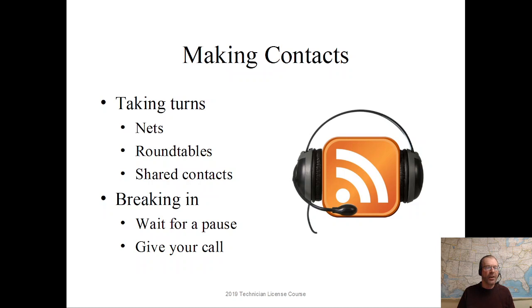Then I get on there and say, WA0TDA, or Whiskey Alpha Zero Tango Delta Alpha. All I really need is my call sign, and then the net control station can get me logged in. They may be taking a list of stations, so I have to be patient. They'll get back to me in turn and give me a call and get me checked into the net.